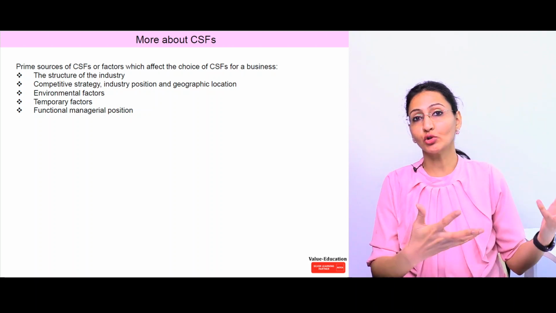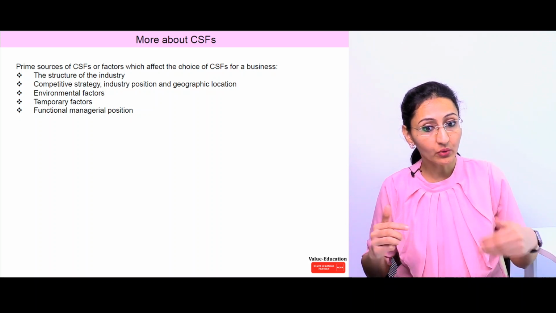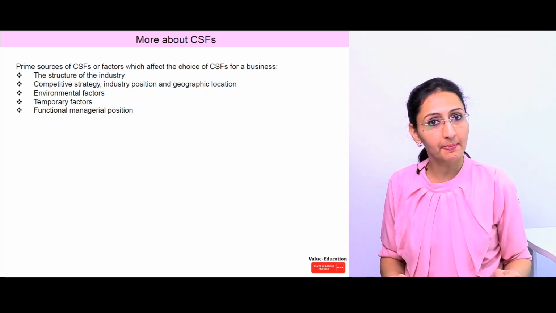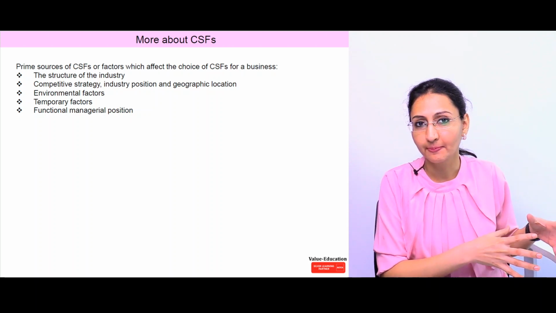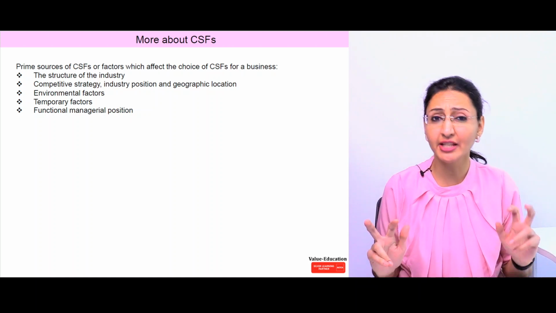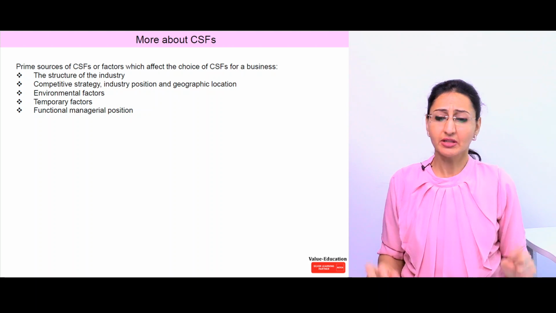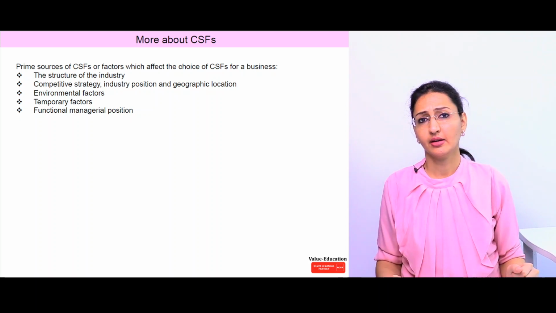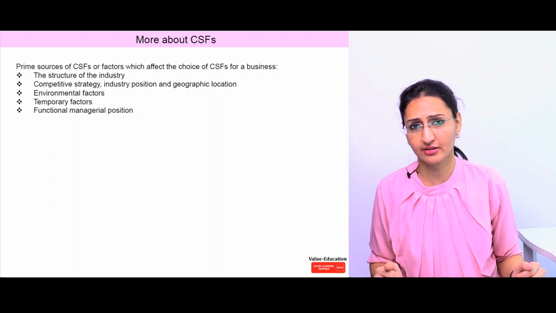When we go to the automobile sector related to cars, what will be the critical success factor for them based on the industry? For the automobile industry, the driving experience, safety of the vehicle, performance of the vehicle, service cost of the vehicle, initial capital cost of the vehicle, these are all critical success factors.